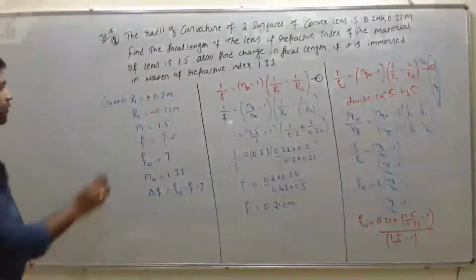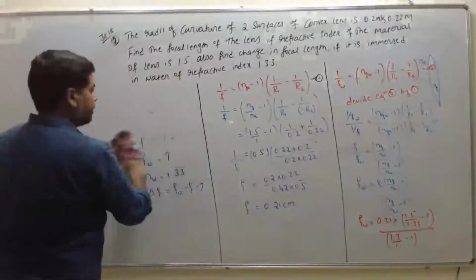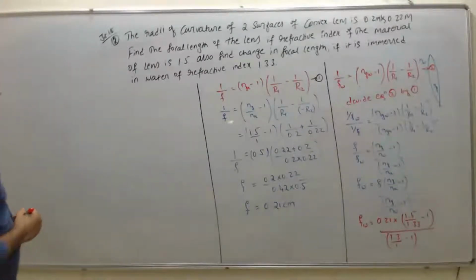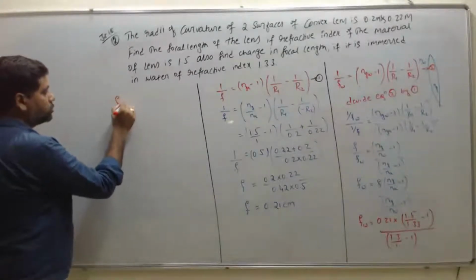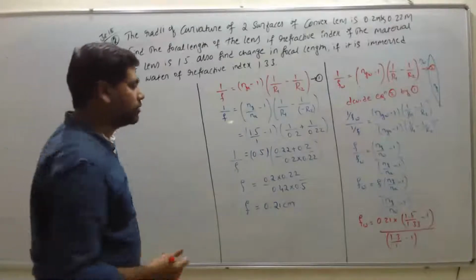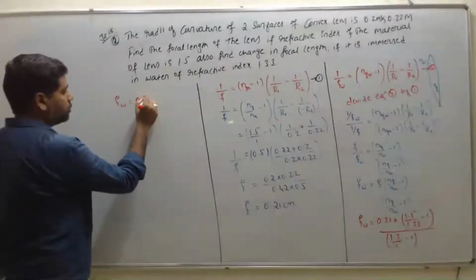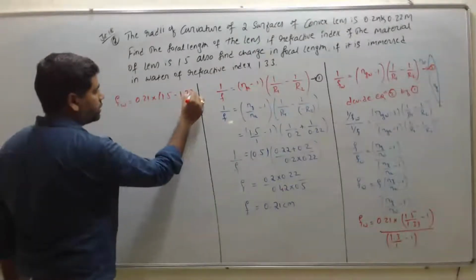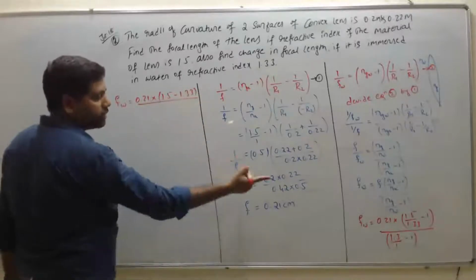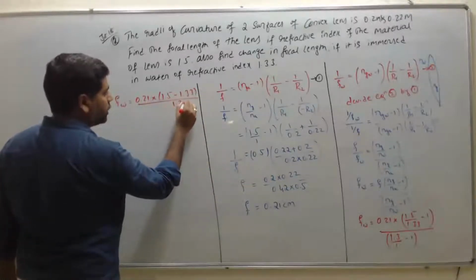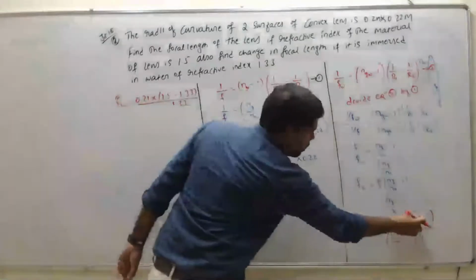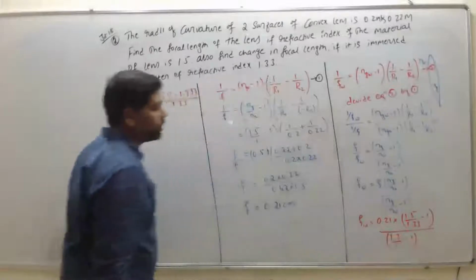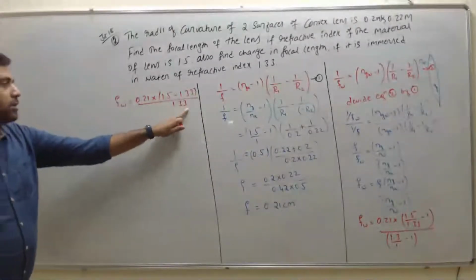So if we simplify further, Fw is equal to 0.21 into 1.5 minus 1.33, whole divided by 1.33. If we take the LCM here, 1.5 minus 1.33 whole divided by 1.33, that goes to the denominator, so we get 1.33.